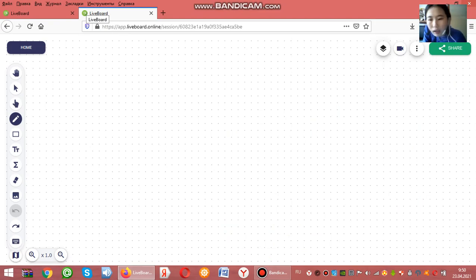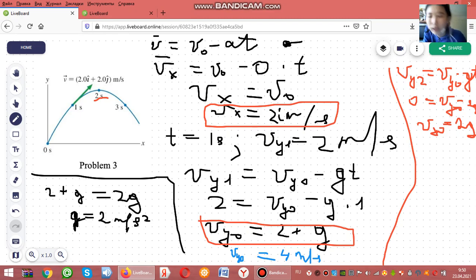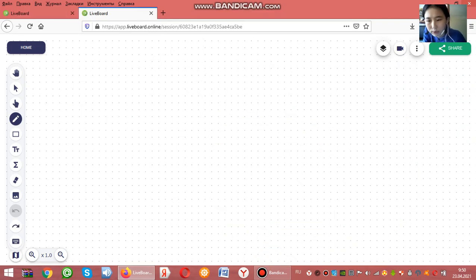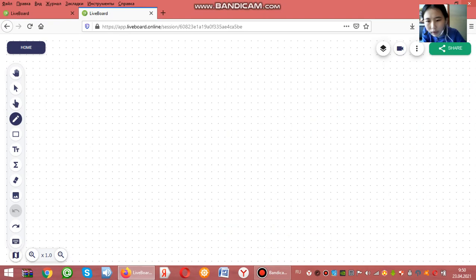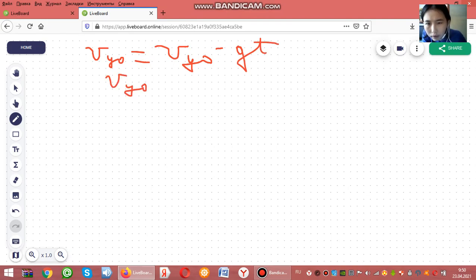Okay, and having obtained this gravity equal to 2, we can solve for Vy at different times using this equation again. V0y is 4, and first of all we should find it for 0 seconds, right?